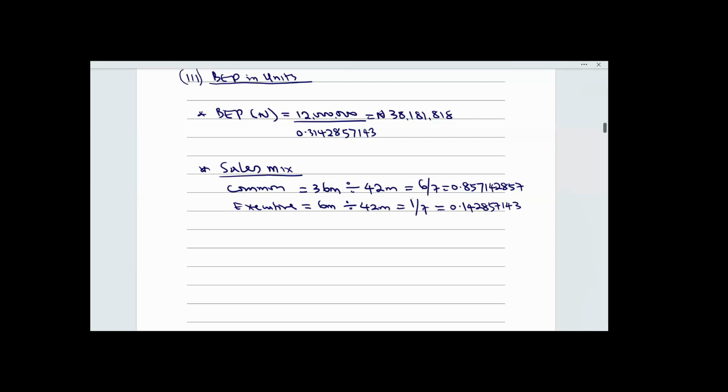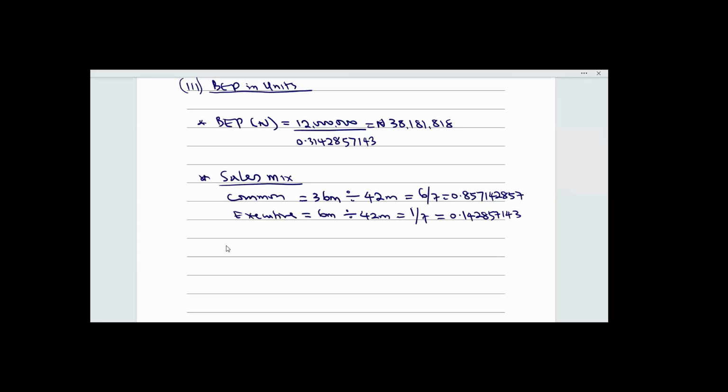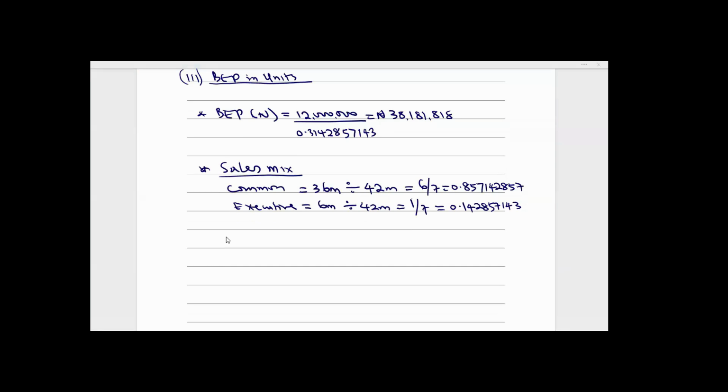Whatever you are doing must be equal to 1. 6 divided by 7 equals 0.857142857. Then 1 divided by 7 equals 0.142857143. Yeah, that's correct. So when you add it up, your answer must be equal to 1 at the end of the day.